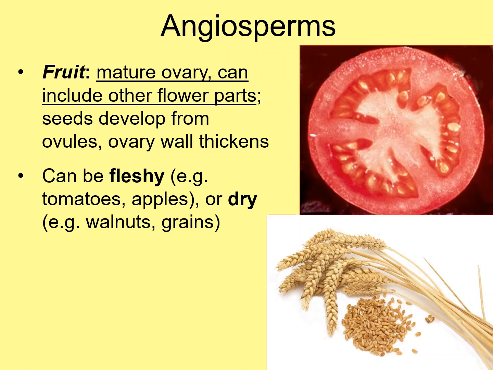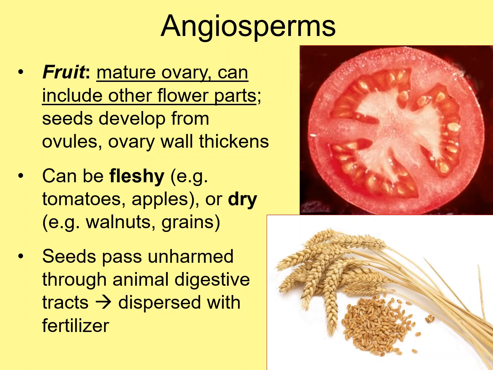And so you can actually tell that it is a fruit rather than a seed itself. Obviously, it contains a seed. So if you cut it in half, you're going to have the outer wall, which is the ovary wall, and then you're going to be able to see the integument and the seed with the embryo inside. And so again, fruits can be dry, like those achenes, or grains.